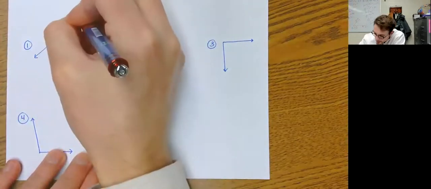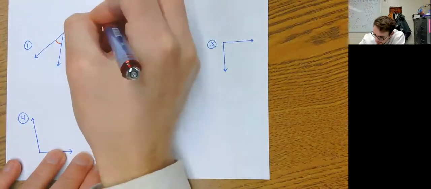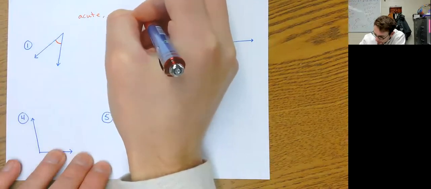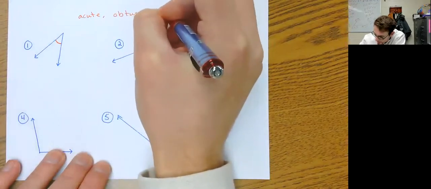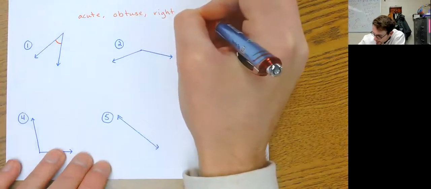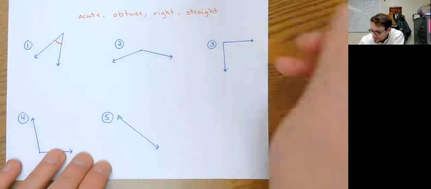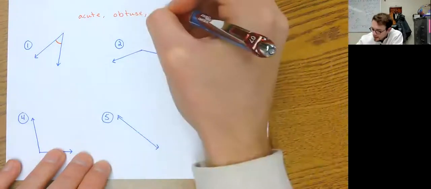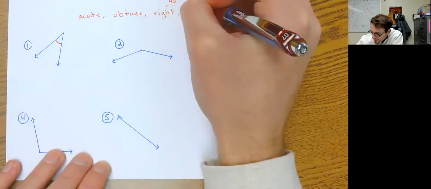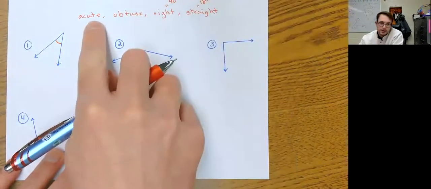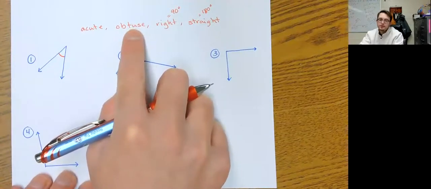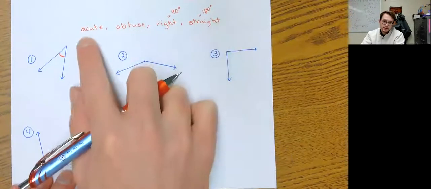We have four options: acute, obtuse, right, and then straight. So this is when it equals 90. This is when it equals 180. This is when it's small, and this is when it's big. So this is between 90 and 180, and this is less than 90.